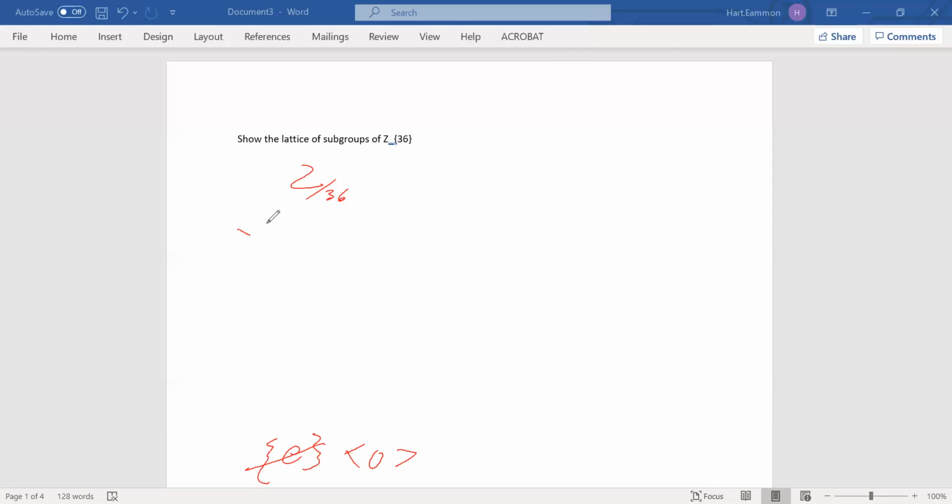So we should have 2 and 3, and then someone said the set generated by 4. The group generated by 4, good. What else? Groups generated by 6.